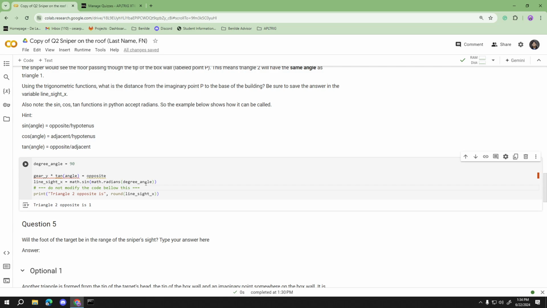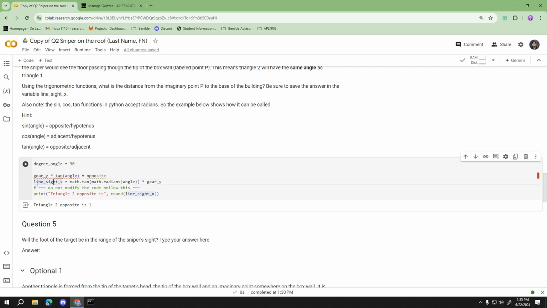So just line up the side of x here. That's the opposite. Hold on. So we multiply by gear y, and since it's using radians, let's put in the angle here. Oops, not sine, but tan. So this is the tangent times the gear y.